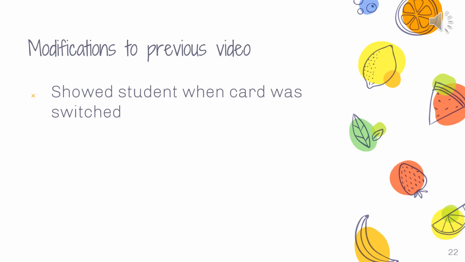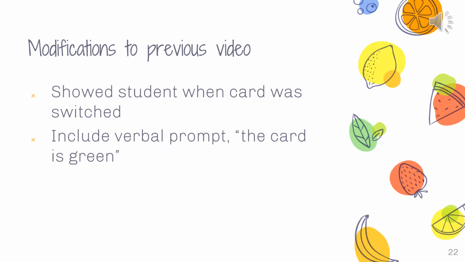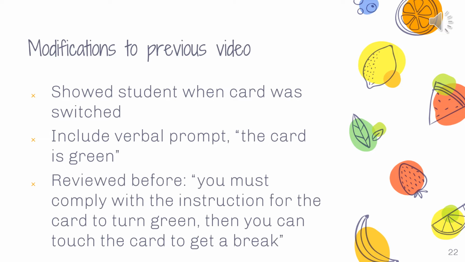They could have also included a verbal prompt, such as the technician saying, "The card is green," or "The card is now red." And last, they could have reviewed the rules before beginning, so explain the SD and S delta. So again, if you're working with a student who has a rule-governed behavior, you could review the rule beforehand. For example, for the second video, the technician could have said, "You must comply with the instruction for the card to turn green. Then you can touch the card to get a break."